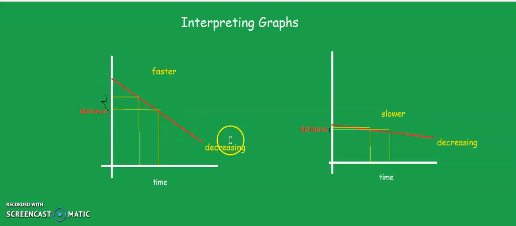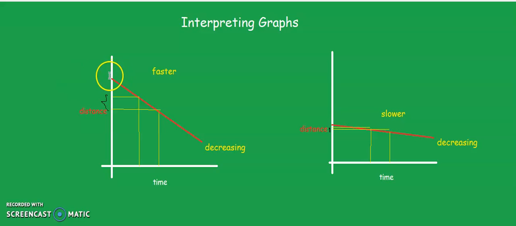If it's steep, he's decreasing faster. If the line is not as steep, he's still decreasing, but slower. The graph is going down, but not quite as fast.